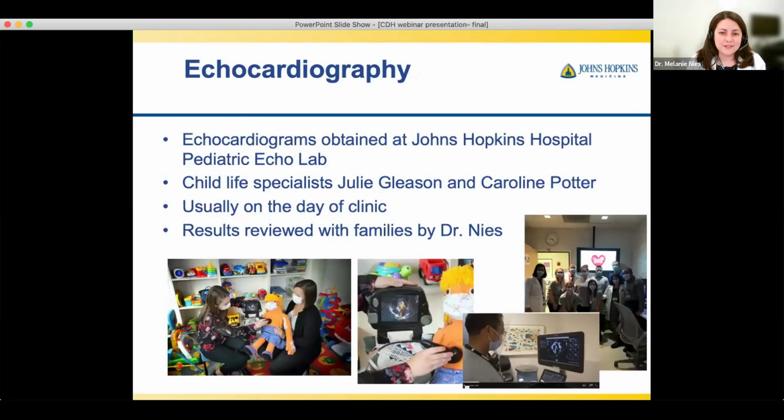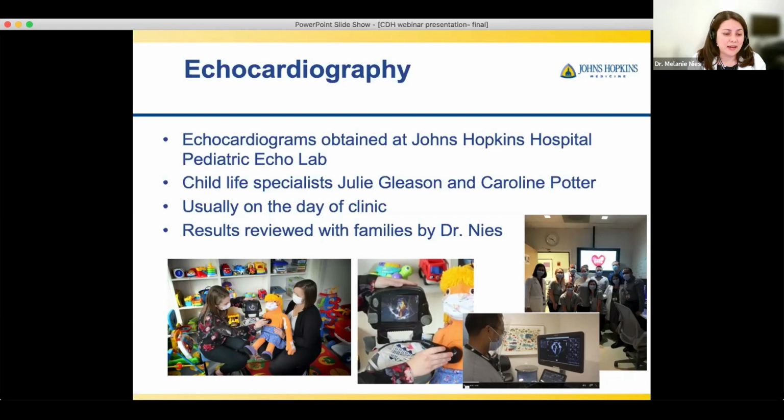Okay, here's another of my favorite slides, because this is showing our echo lab. Children with CDH who are in our multi-D clinic often get their echocardiograms at Johns Hopkins the same day. They'll get the echo at Johns Hopkins, go over to the outpatient center at KKI so they can have it all done in one day. We have child life specialists, and that is really wonderful for our clinic.